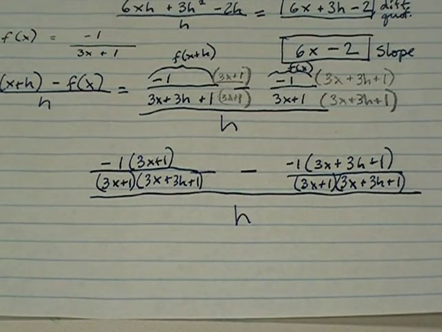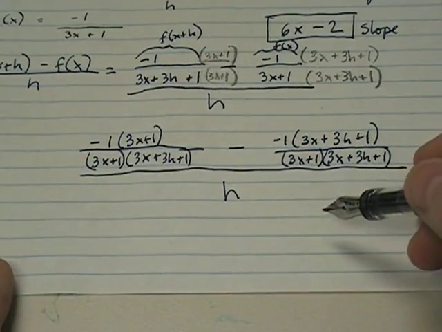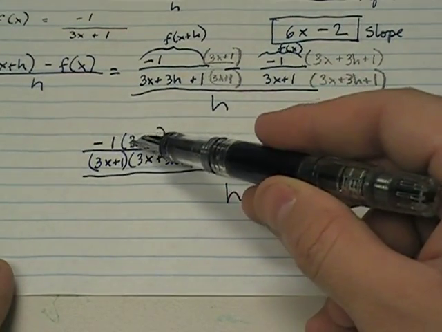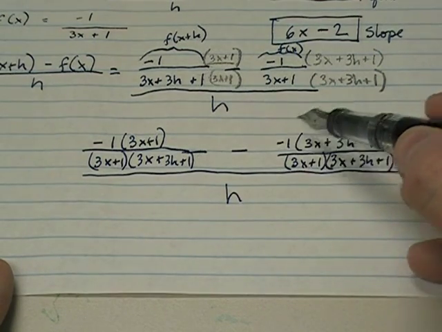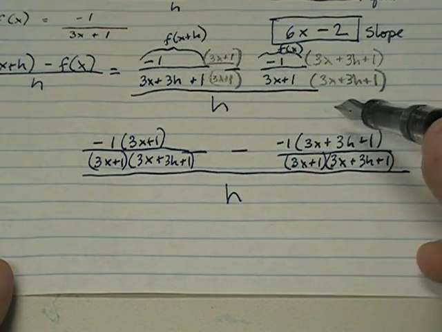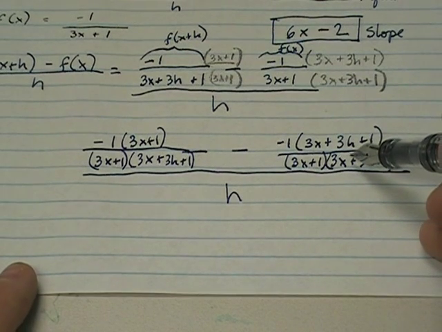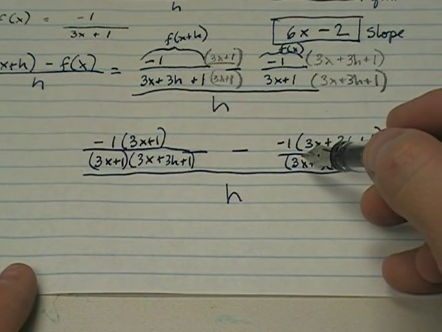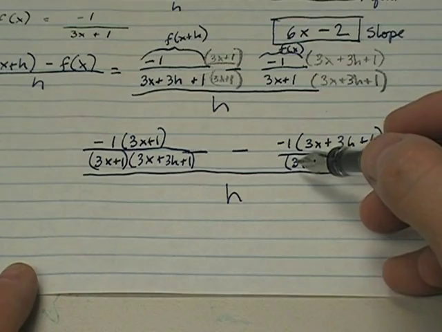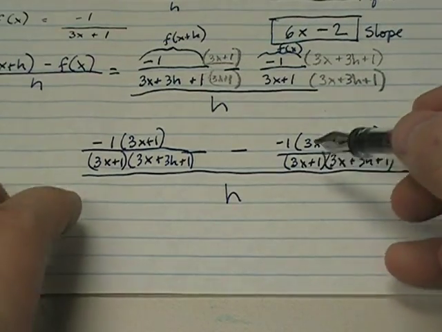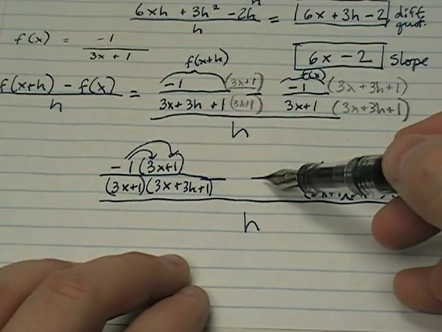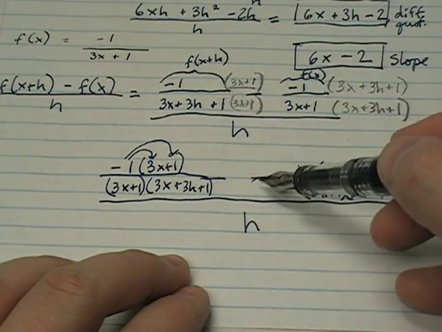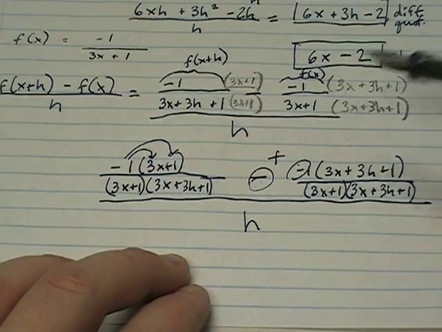To do that, we say, okay, we've got negative 3x minus 1 minus negative 3x minus 3h minus 1. So when I combine all of these things, let's see that this works out. If I distribute that negative, and by the way, when you subtract a negative, this is the same as a positive.